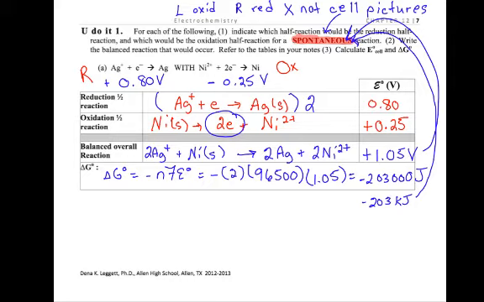But when we do cell notation, the left-hand side is always representing the anode or oxidation side, and the right-hand side is always going to be our reduction or our cathode.